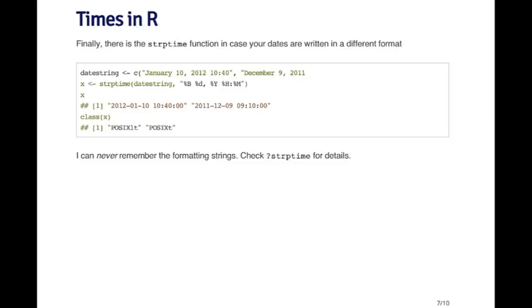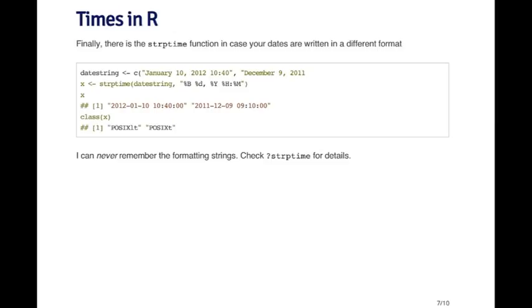So %B means the unabbreviated month name. %d is the day, then comma, and then %Y is the 4-digit year. Then %H is the hour, followed by colon, followed by %M, which is the minute. And so that's the format of the times here. And you can see that after I call strptime and I print out x, I get these time objects that are printed out in the standard format.